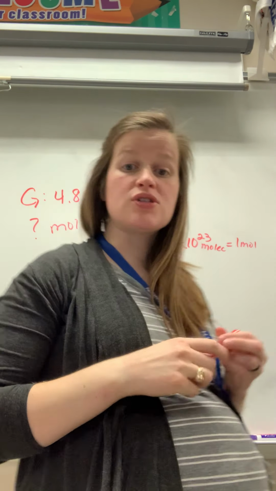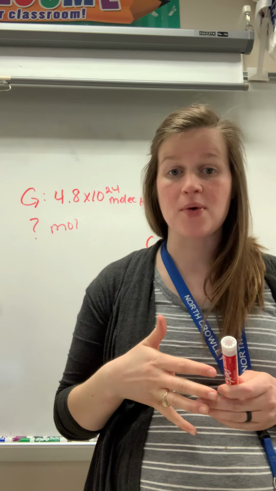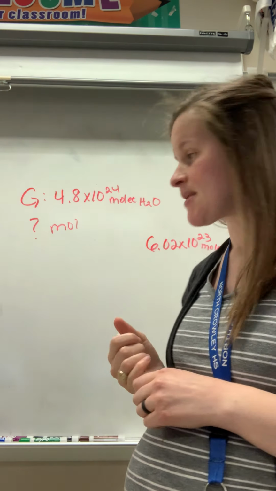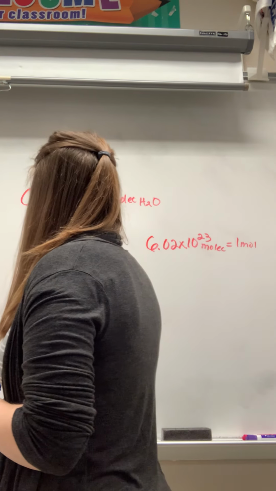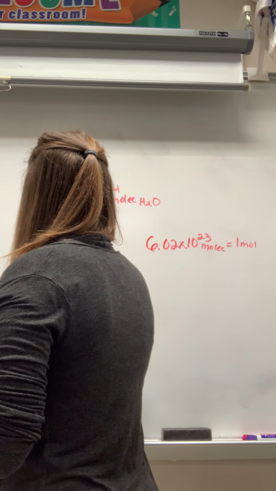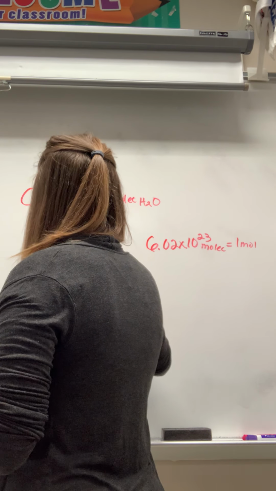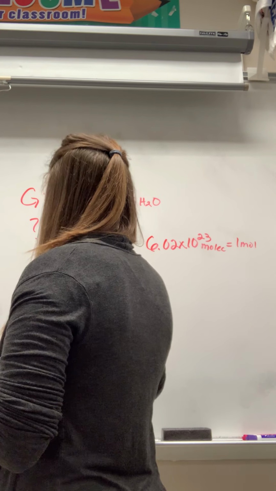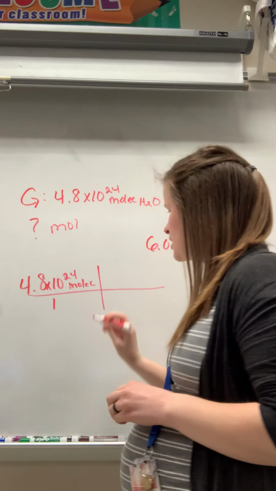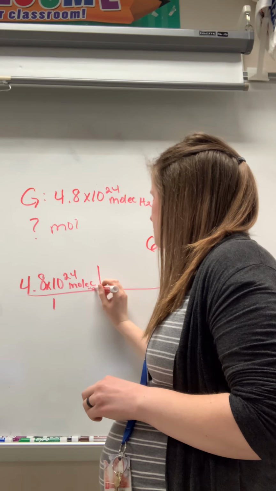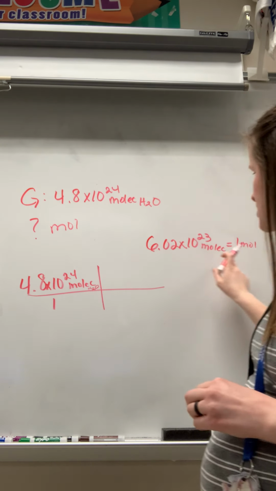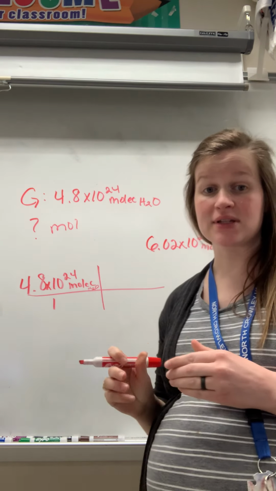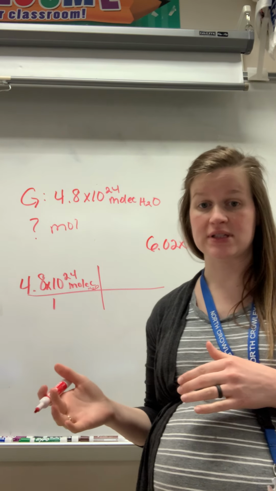Okay, so I'm going to start my problem how I always do. I'm always going to start with my given. So I'm going to start with 4.8 times 10 to the 24th molecules, and then I'm going to put it over 1. This is H2O. I'm going to use this conversion factor, and I want units to cancel, so I'm going to set it up for units to cancel.